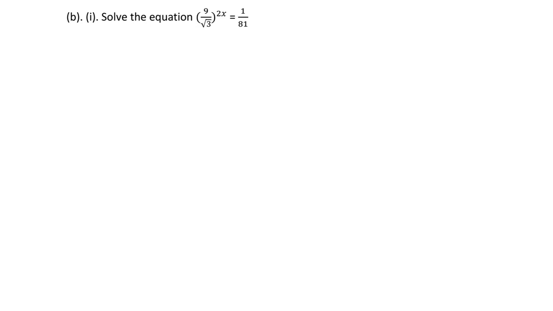Okay, so let us now rewrite this equation. We are going to have in brackets 3 squared over 3 power half, power 2x, equals 3 power 0 over 3 power 4.